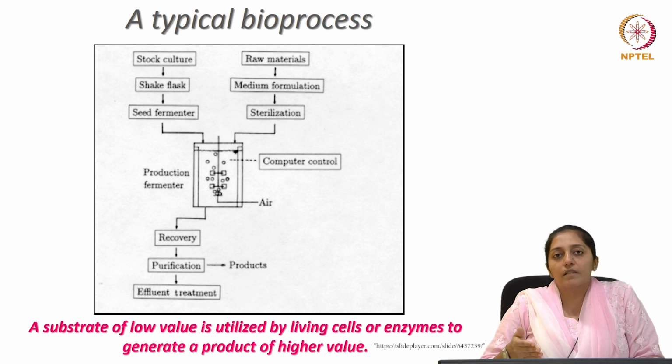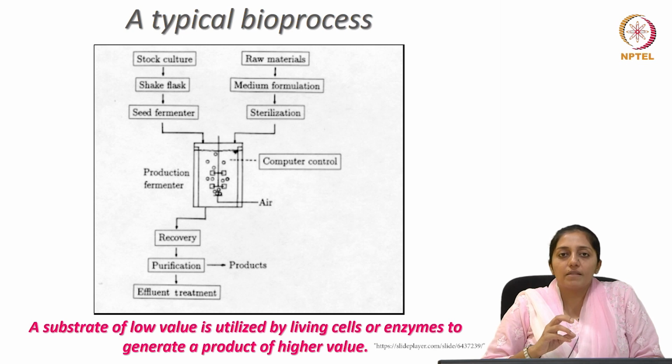That stock culture is brought to a working culture state, called the working cell bank, by exposing it to rich nutrients at a very small scale, which is generally shake flask level.